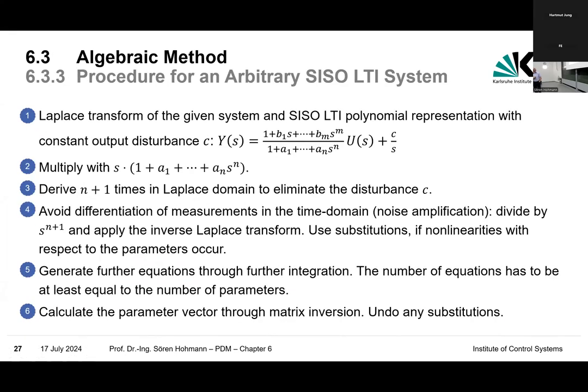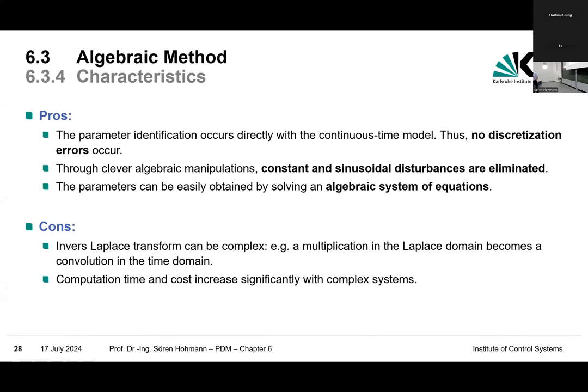On the other hand, we have a lot to do. So if we do all these things here again, we have some pros: no discretization, clever manipulations, and the interesting fact that you can eliminate constant and sinusoidal disturbances. We will see this in a second procedure again.